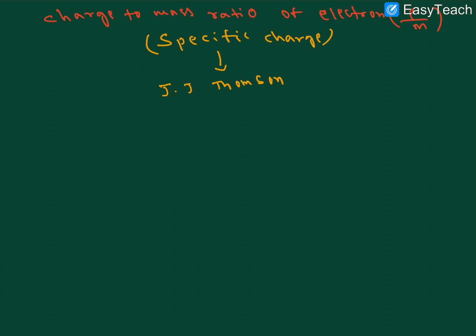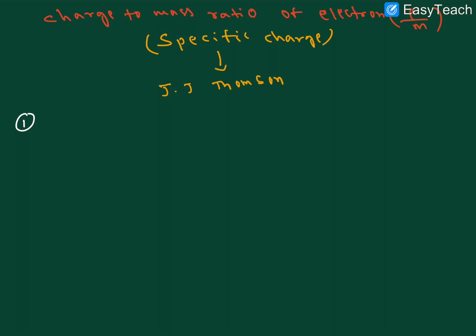So how to measure the charge to mass ratio of the electron? There are 3 very important points. Based on these 3 conditions, we measure the charge to mass ratio. Let me explain the 3 points.